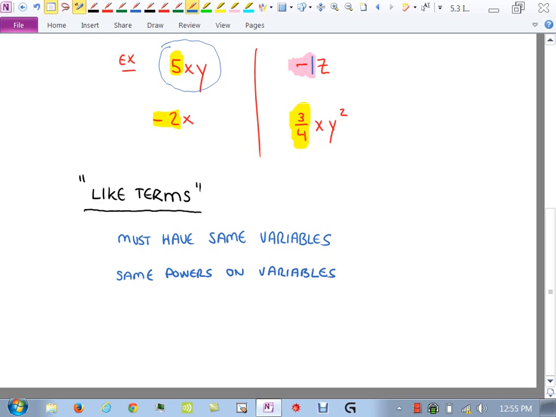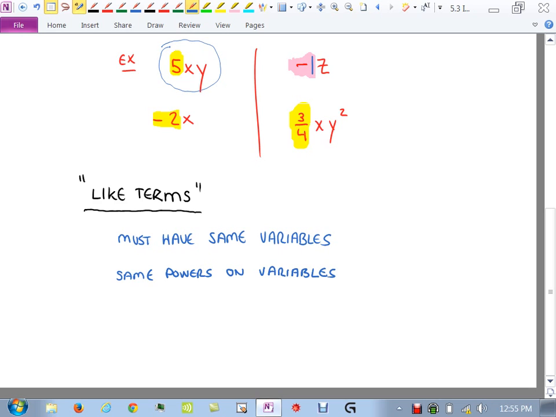Do the bottom 2 have an x and a y? Well, that left one doesn't. This one does, though, right? But are the powers exactly the same? No, the one I circled has y, the other one has y squared. Because the other one is y squared, they're not like. I mean, it has to be dead on exactly. Variable for variable, power for power. Make sense? So none of those are like terms.